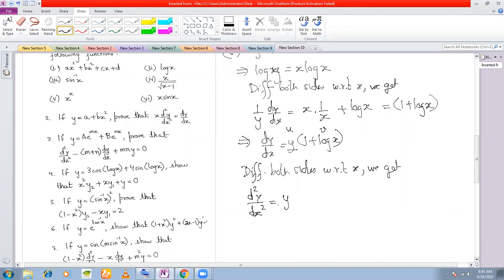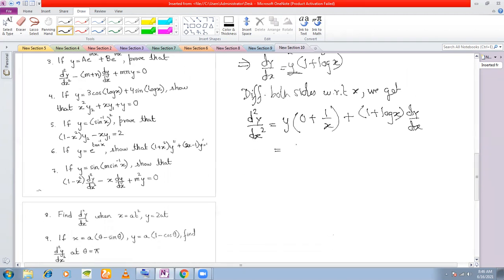So first function y into d dx of 1 plus log x. d dx of 1 plus log x is 0 plus 1 by x, right? Plus you take 1 plus log x as it is and you differentiate y to get dy dx, right? So what you get here is y by x plus 1 plus log x dy dx.